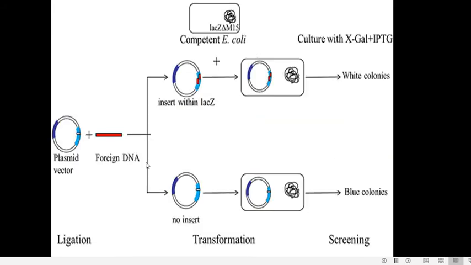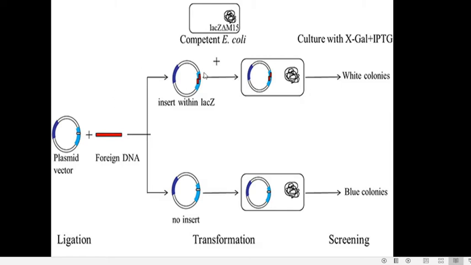So you have a vector with the foreign gene inserted within LacZ'. So what happens? This vector with the foreign gene is entering into the E. coli cell, and this E. coli cell has the ability to produce omega peptide.